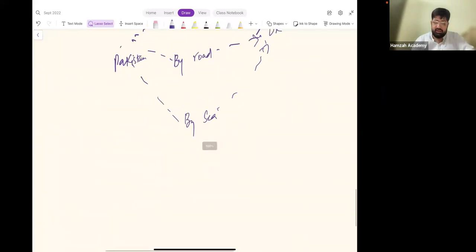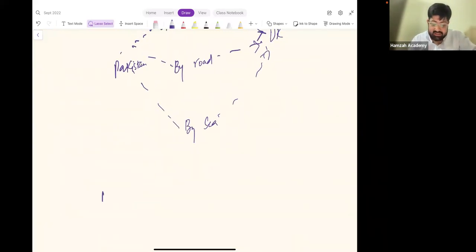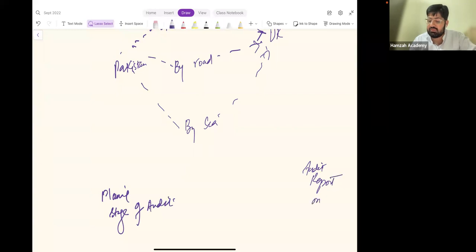So similarly, auditor is at the planning stage of audits. He has to give audit report of company financial statements. Now multiple ways available, multiple directions available.